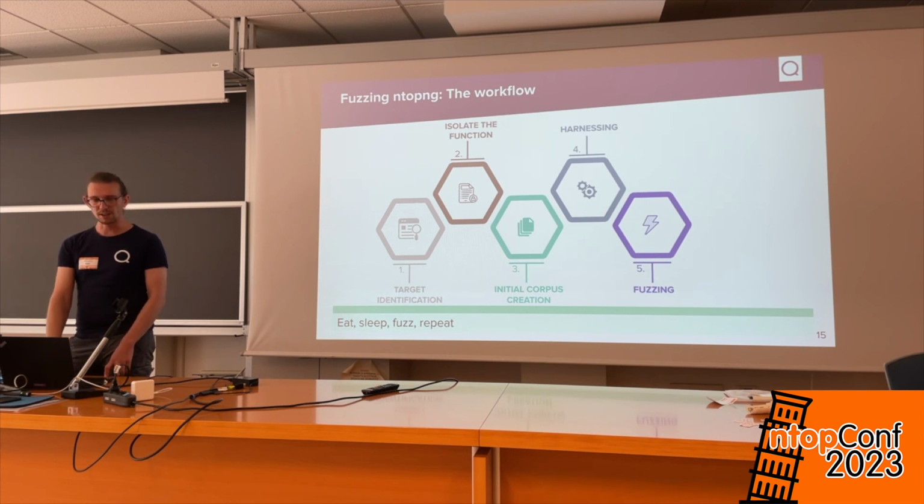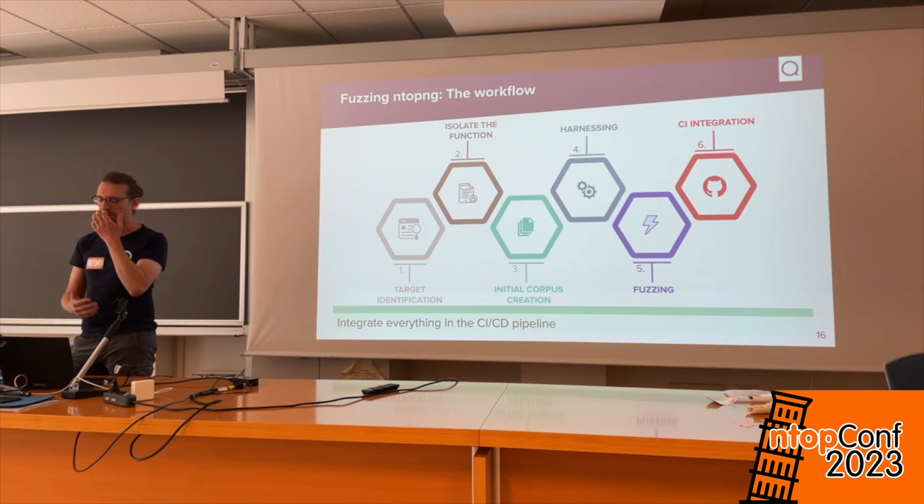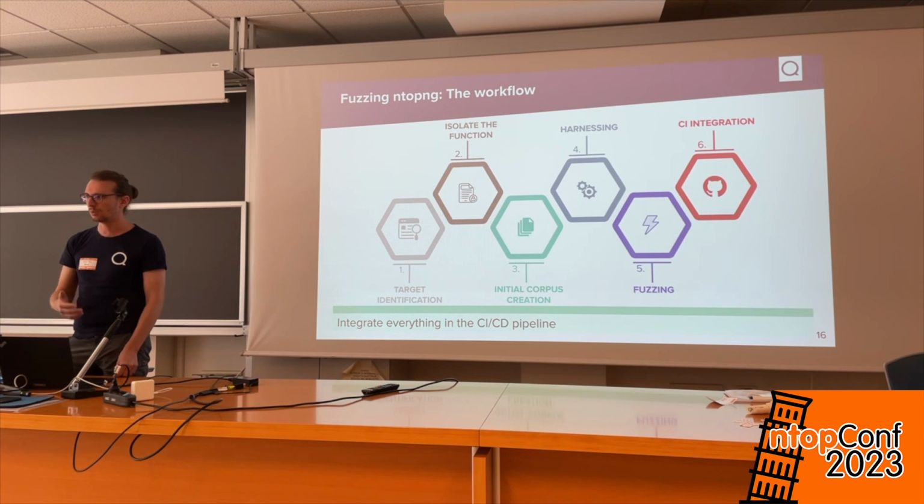We would also like to integrate it in the CI so that everything will start automatically every time we push a commit to the repository, or every time we create a tag or whatever. So this is the general overview.